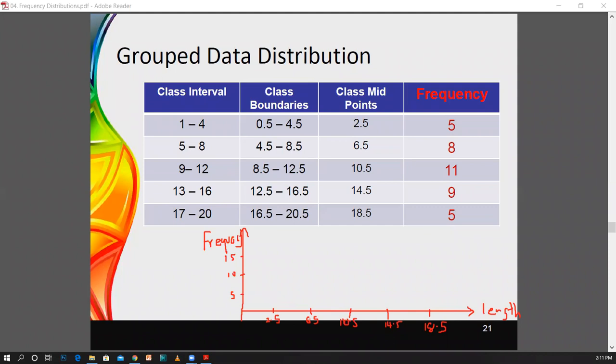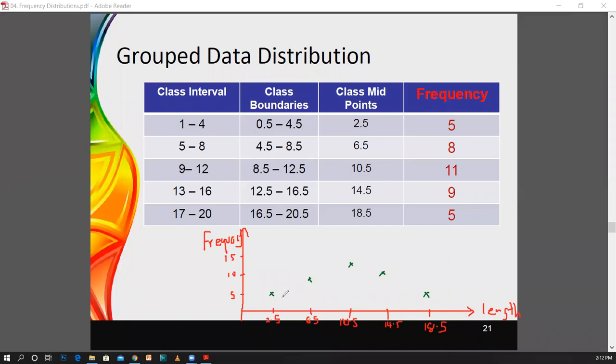Now the class frequencies: the first value is 5, then the next value is 18, the next value is 8, then the third value is 11, somewhere here, then the next value is 9, it's right here, then the last value is 5.